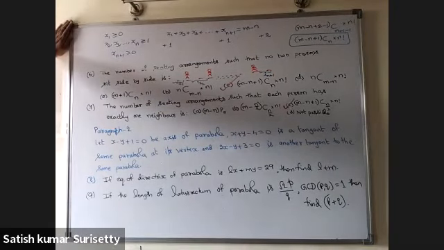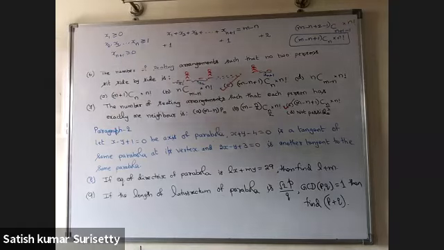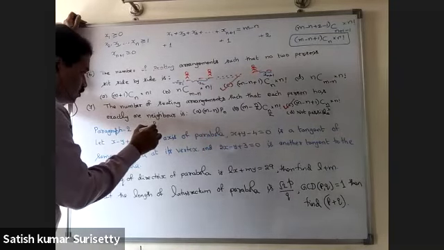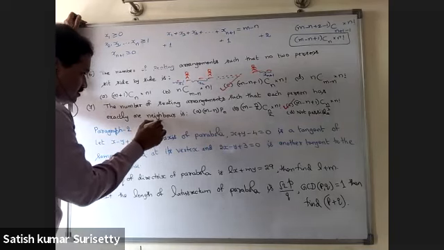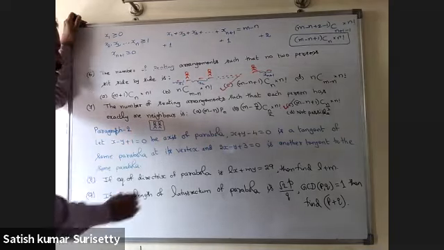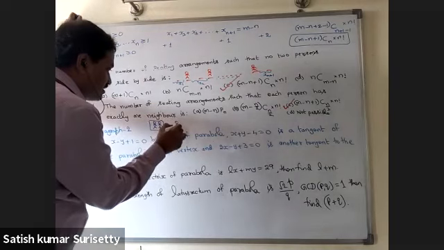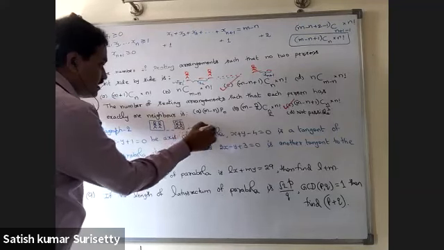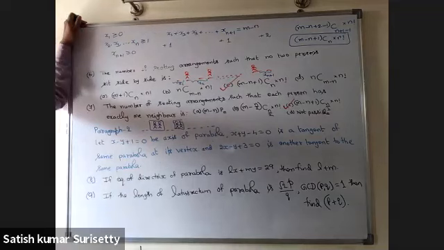Next, in the next problem, the number of seating arrangements such that each person has exactly one neighbor. That means when you want each person to have only one neighbor, you group two persons together. So two persons together, and these pairs should not be consecutive.